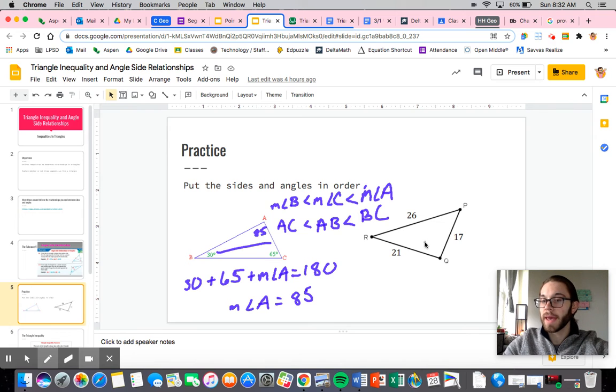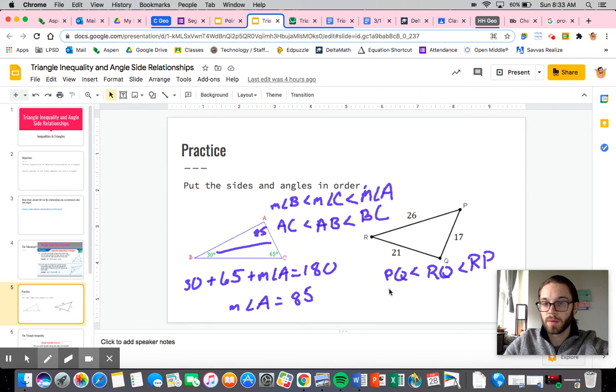Now this one, we already have the sides in order, or we already have the side lengths, I should say. PQ is less than RQ, which is less than RP. So now what do we need to do? We need to put the angles in order.